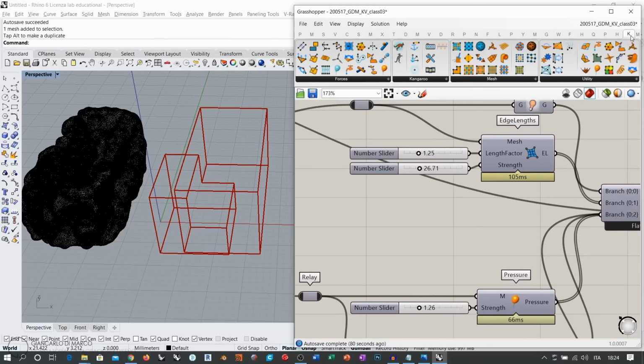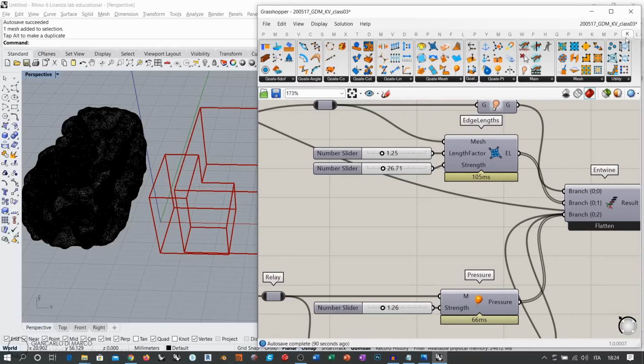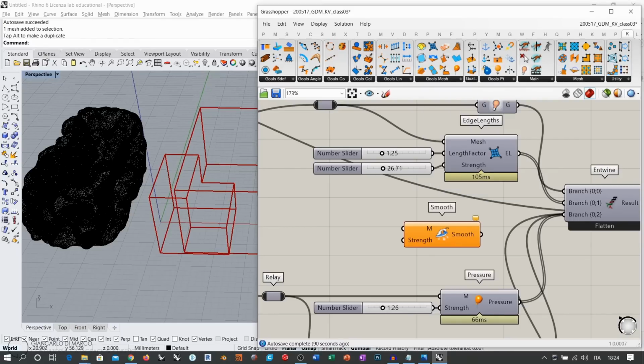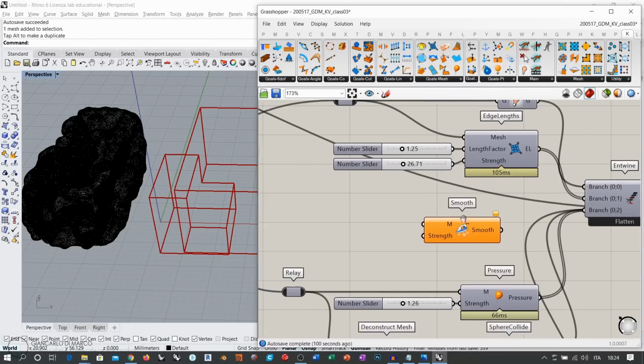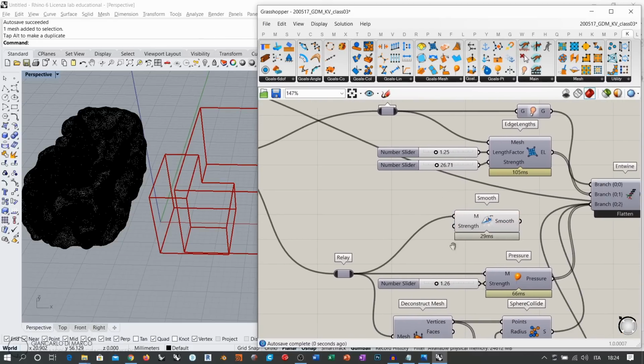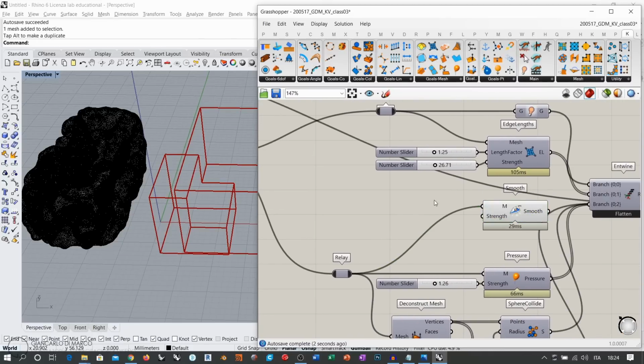So if you go into Kangaroo 2, which is here, you will see that in Ghost Mesh you will find also a smooth function, and this smooth function needs a mesh, of course. So I will send the mesh to this smooth component, and it also needs a strength.